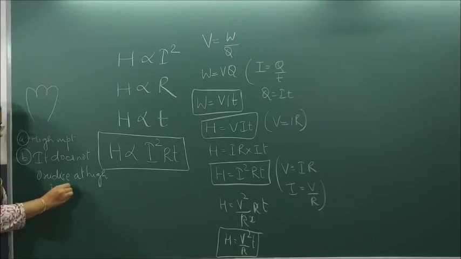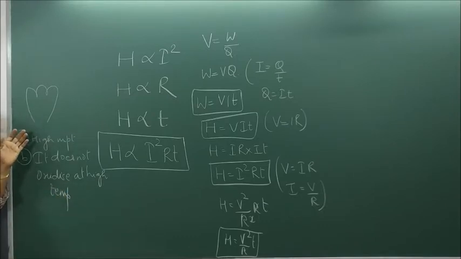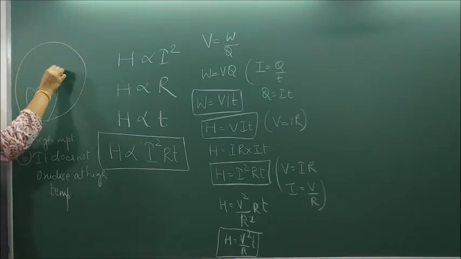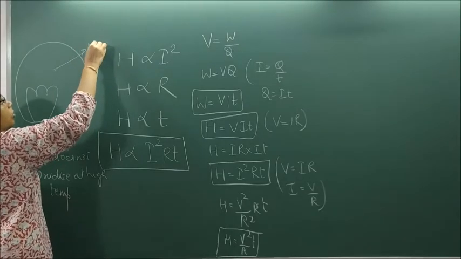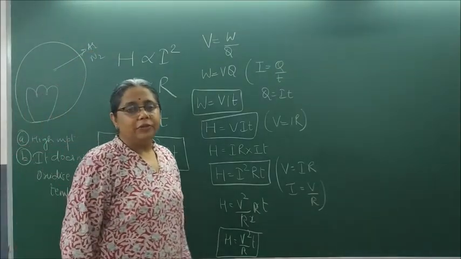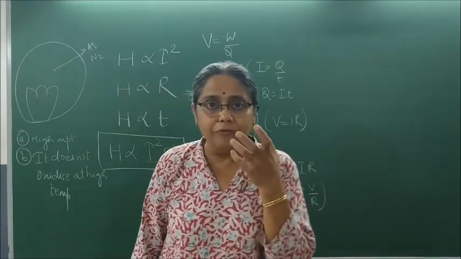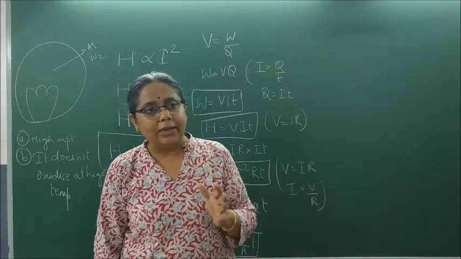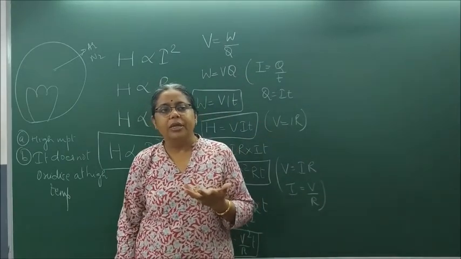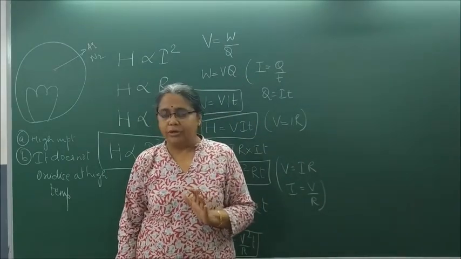So tungsten filaments are used. These bulbs are completely filled with what gas? Argon or nitrogen gas. Why are they filled? So that the life of the filament can be increased, as it creates an inert atmosphere.